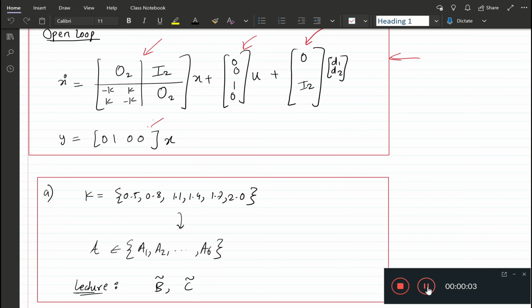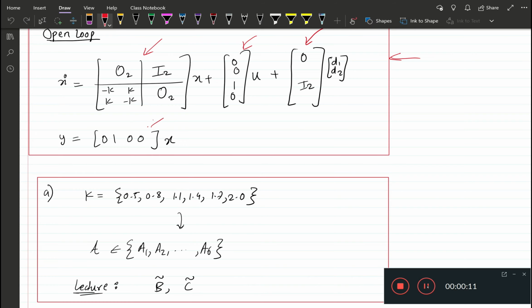So let's first look at the case when we grid the K, like we discussed in the review. If we grid the K from 0.5 to 2 with an interval of 0.3, we get 6 grid points, namely 1, 2, 3, 4, 5, 6, and for each grid point we will get an A matrix.